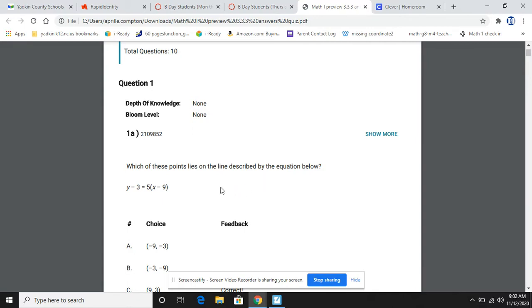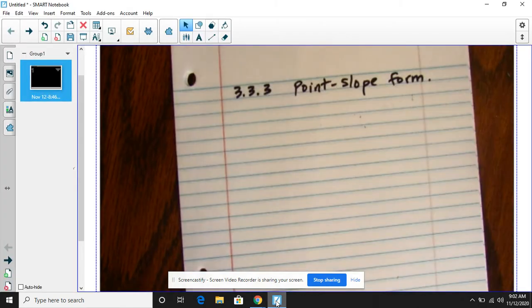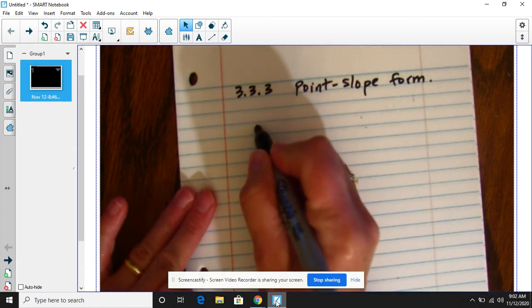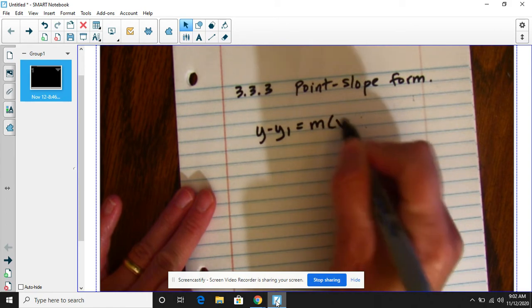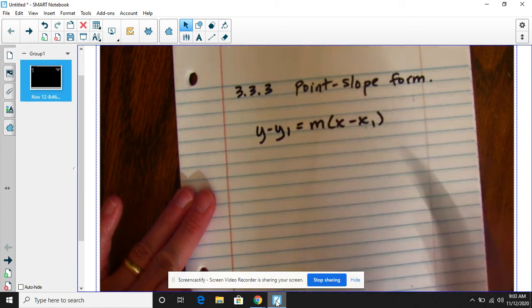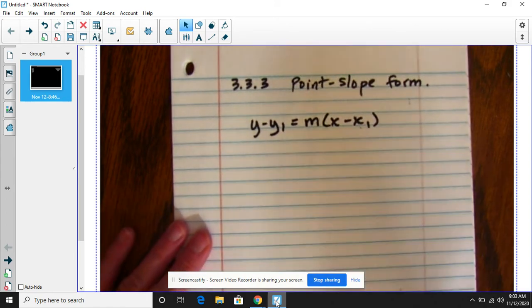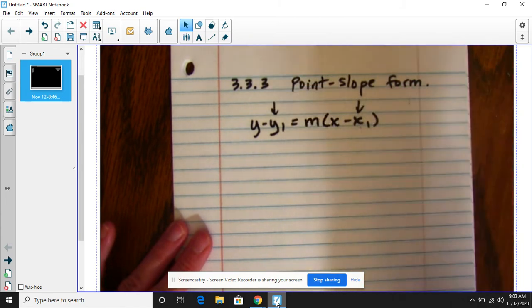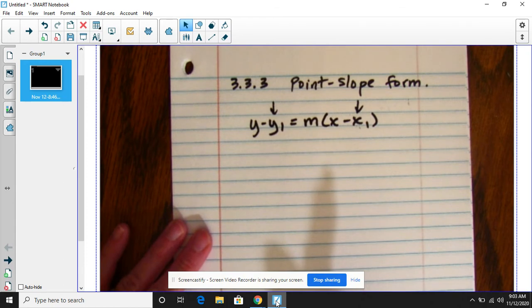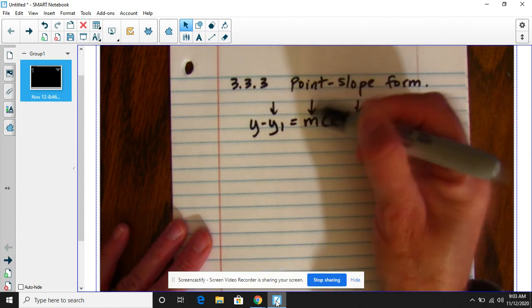So this section was on point slope form, which is this. Point slope form is y minus y1 is equal to m times x minus x1. If you were given a point, you would plug the x and y of that point into these spots, and the slope you would plug in for m.